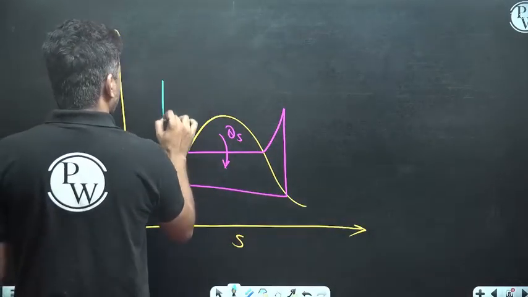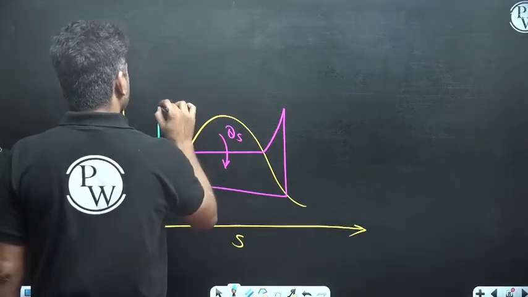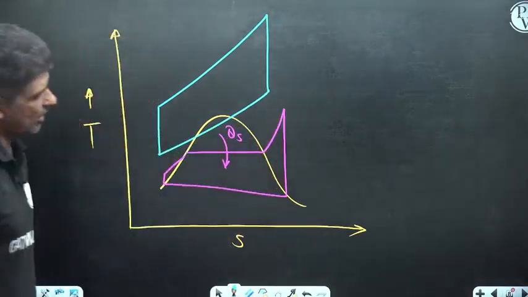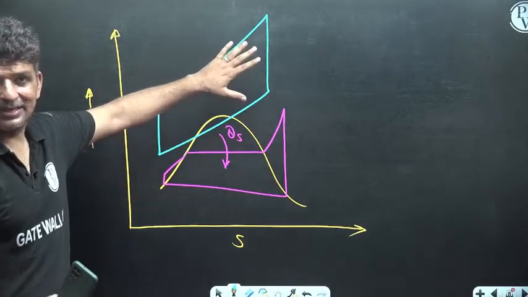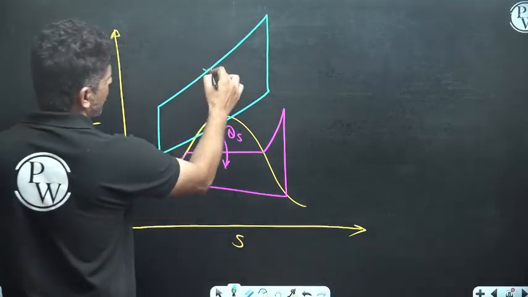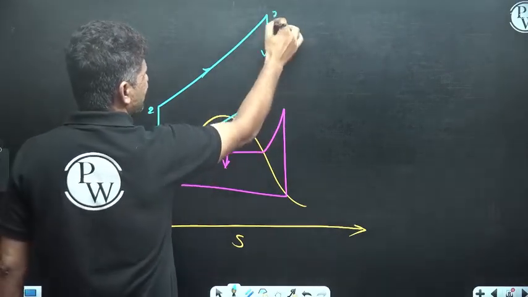So your Brayton cycle would be moving something like this. Okay, both are different cycles. Understand, these two are very different cycles. This is your 1, 2, 3, 4. This is your Brayton cycle. It will be moving something like this.